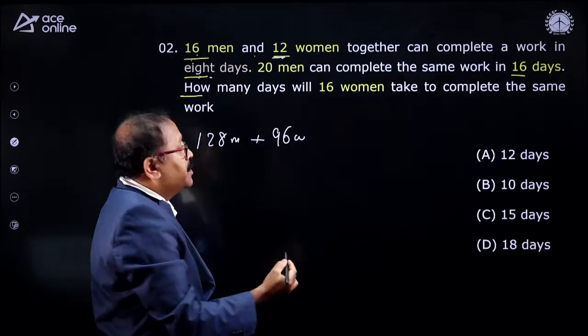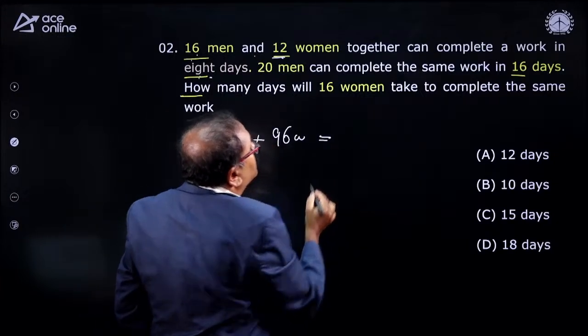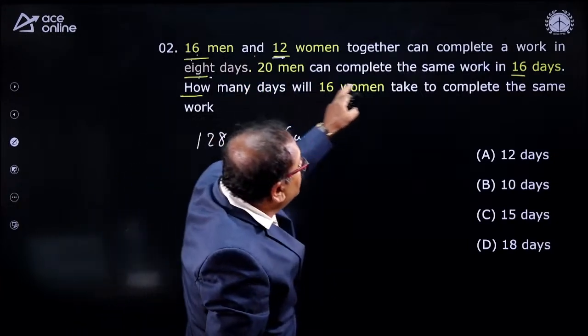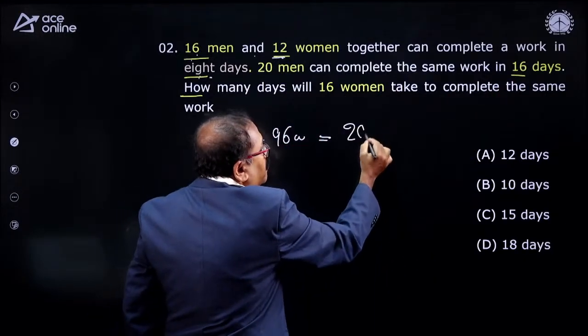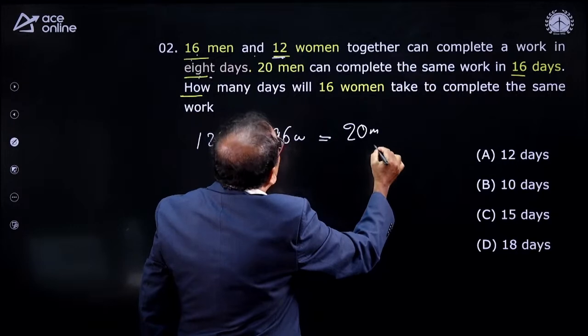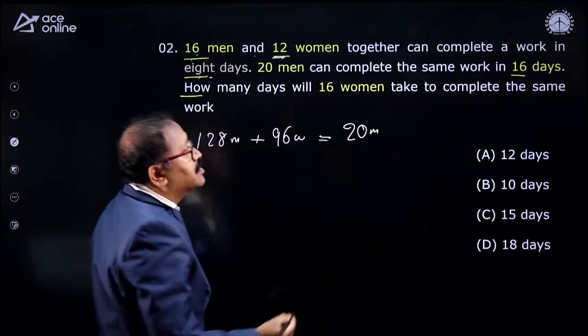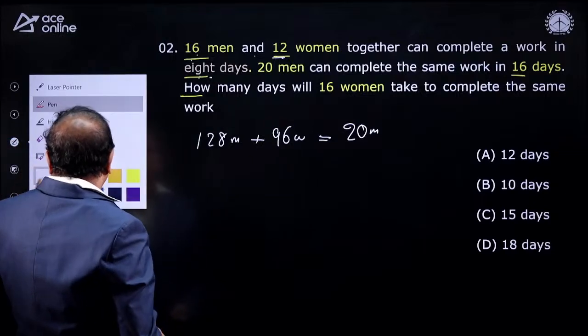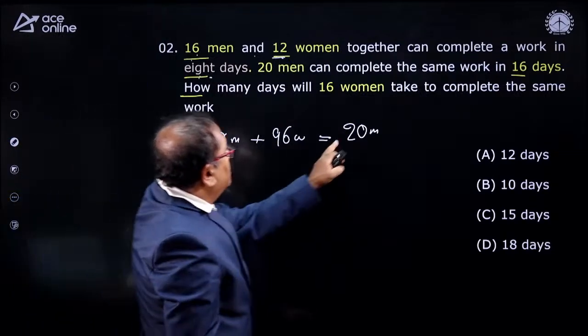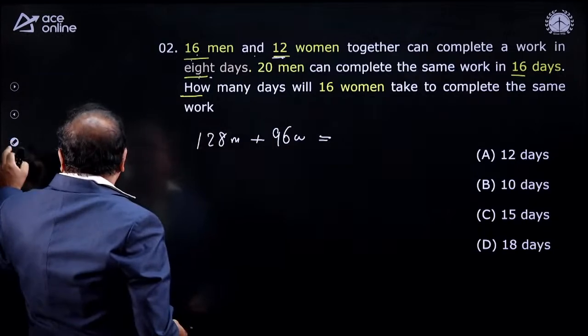This is the work. And the same work is completed by 20 men in 16 days. So 20 into 16, directly I can write down, that is 320 men.